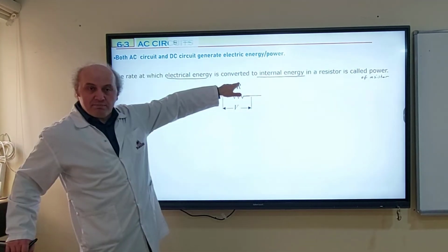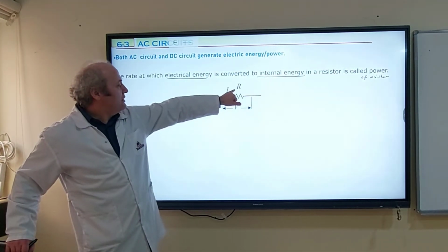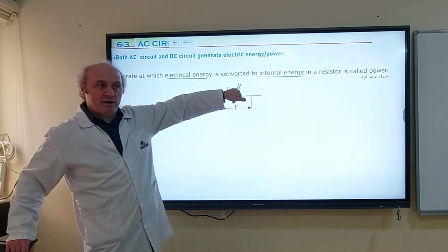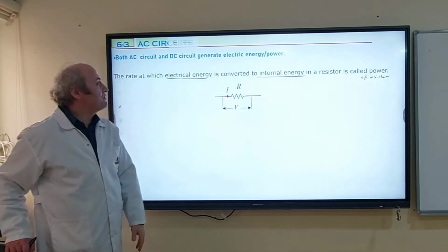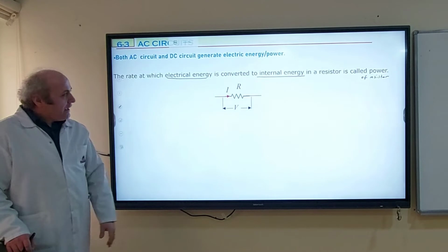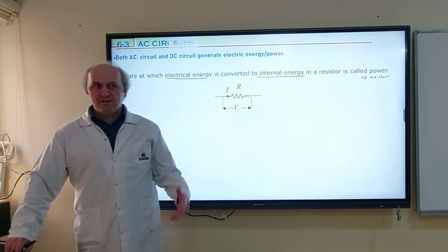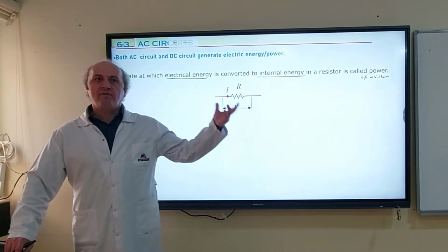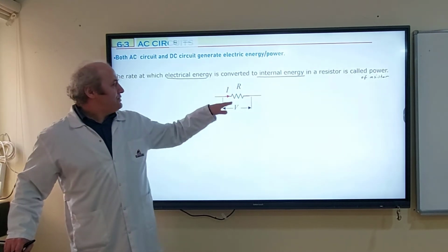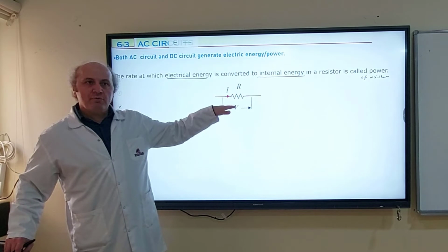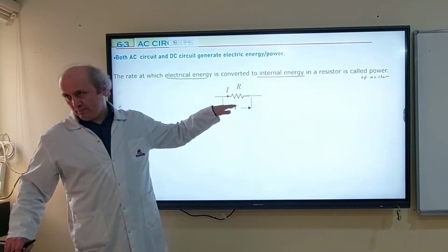Now I will define how we calculate electric power. This is the resistance of the resistor R, the electric current through the resistor is I, and the potential difference between the ends of the resistor is V. First, I will define it in terms of DC current, then we will apply it to AC. We know that without potential difference, current is not possible.